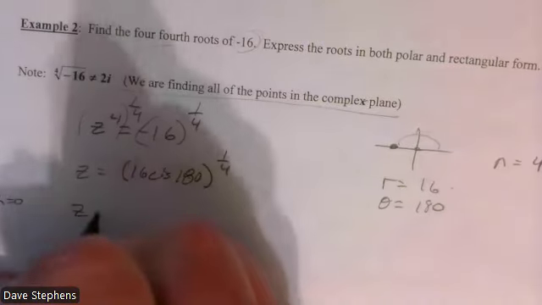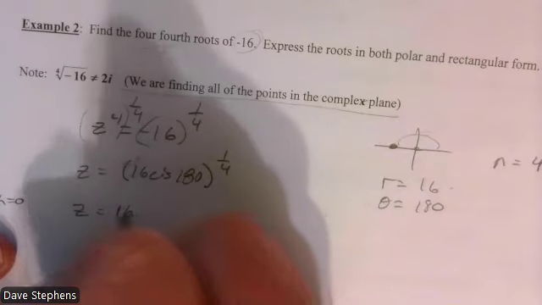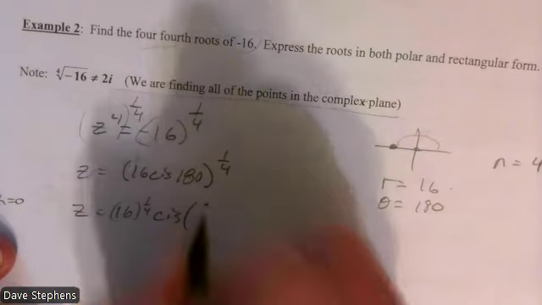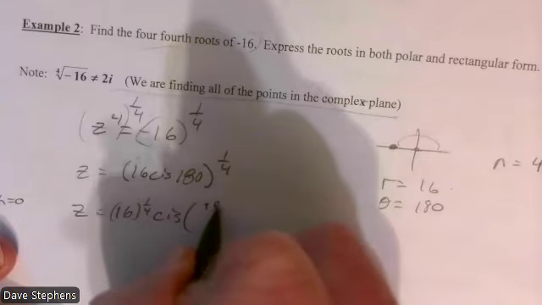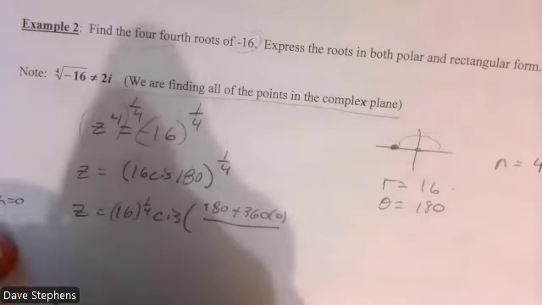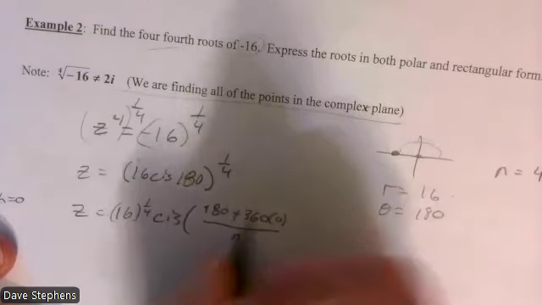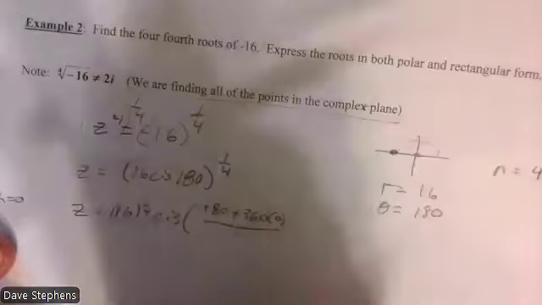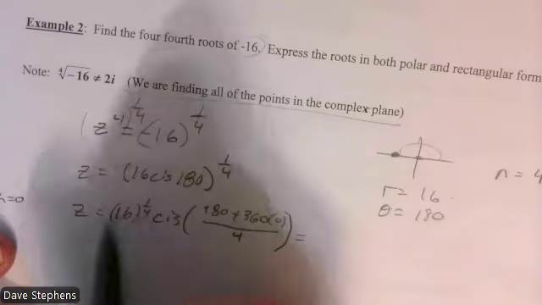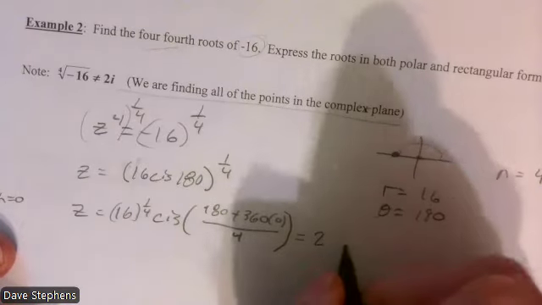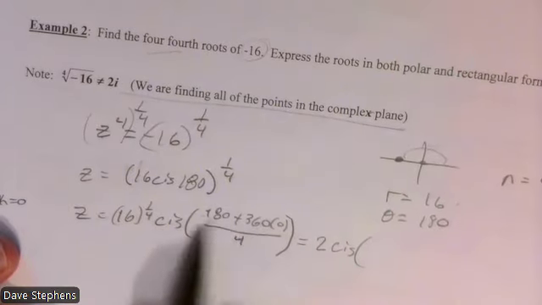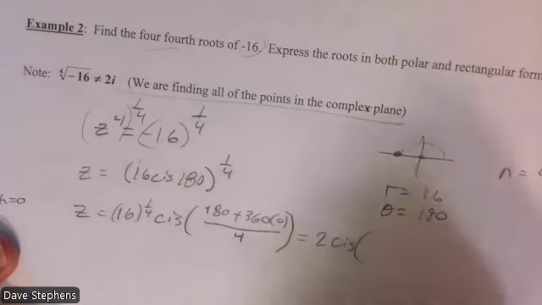So that is 16 raised to the 1/4 power, CIS, our original angle, 180, plus 360 times 0, all divided by n here, which is 4. Now the 4th root of 16 is just 2. CIS 180 divided by 4 is 45.